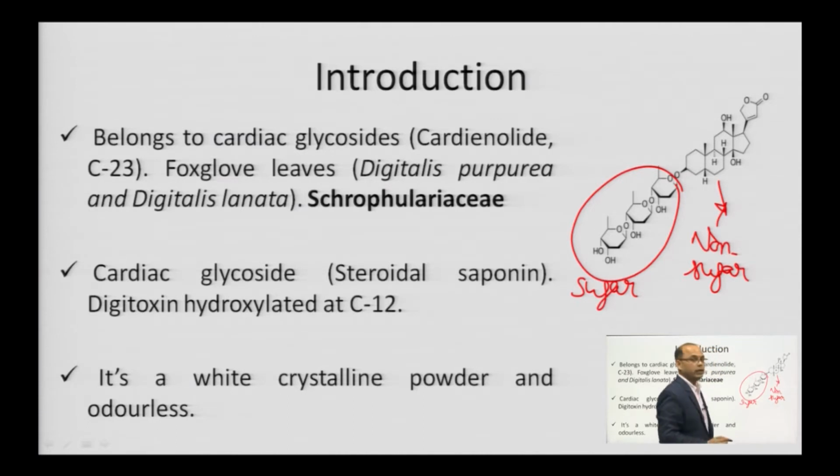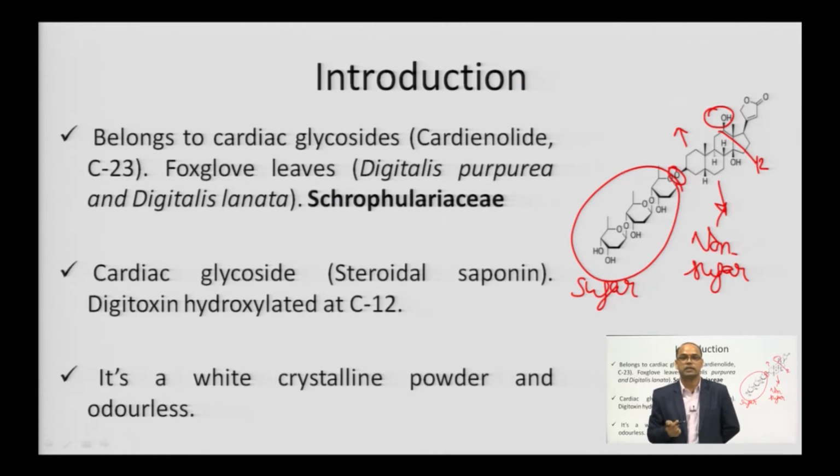Like anthraquinone glycoside, we have this glycoside which has a sugar part and a non-sugar part attached by oxygen, and this is the cyclopentane phenanthrene ring, where the molecule is hydroxylated at the 12th position.